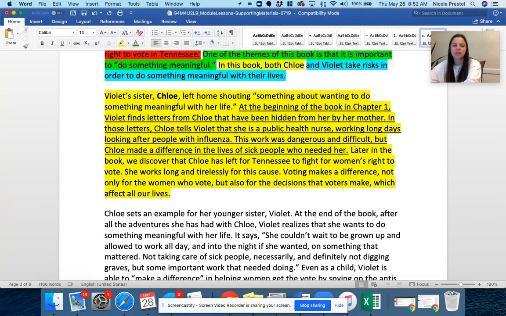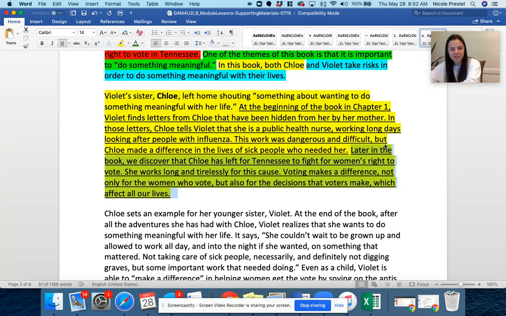And then what is this? Later in the book, we discover that Chloe has left for Tennessee to fight for women's rights to vote. She works long and tirelessly for this cause. Voting makes a difference not only for women who vote, but also for the decisions that voters make, which affects all of our lives. So right here we have what? Hopefully you got it right. It's another example or evidence.